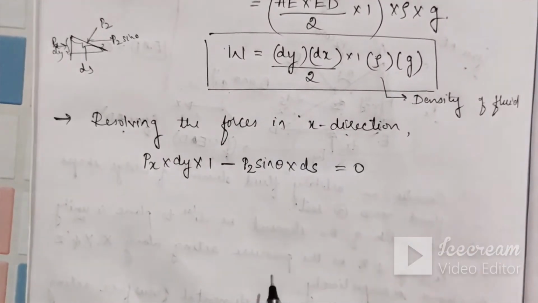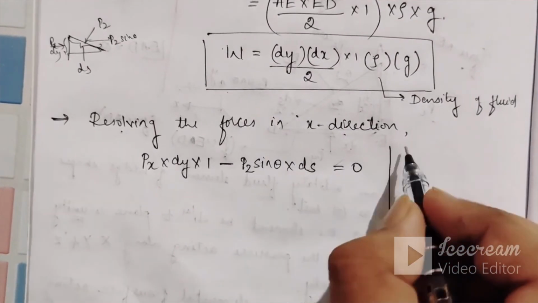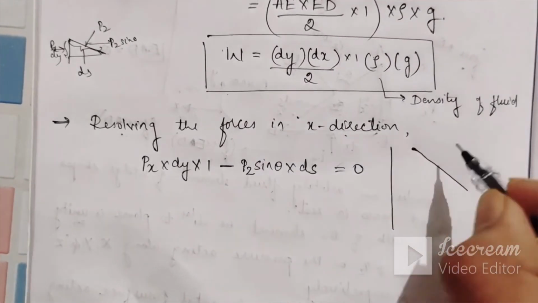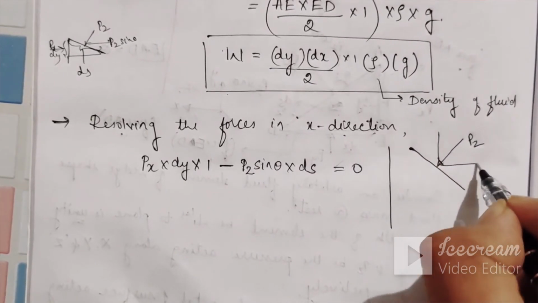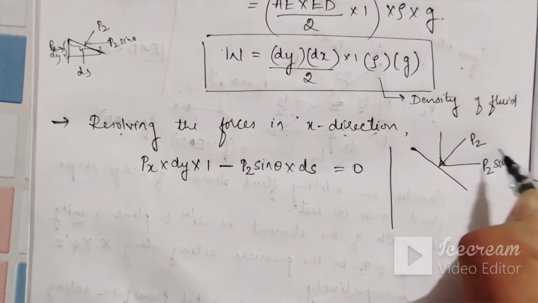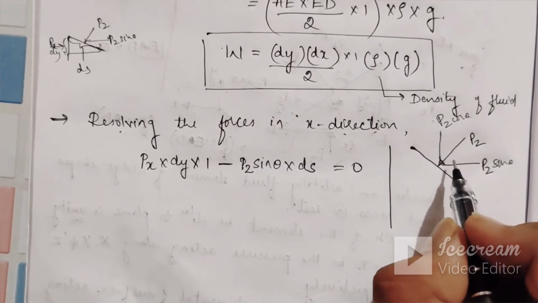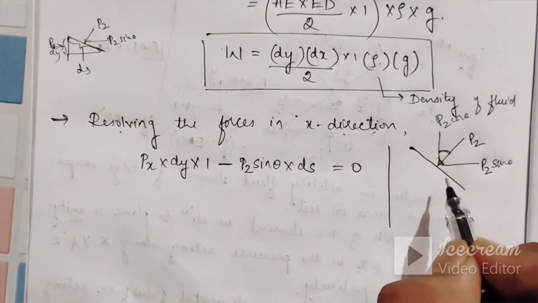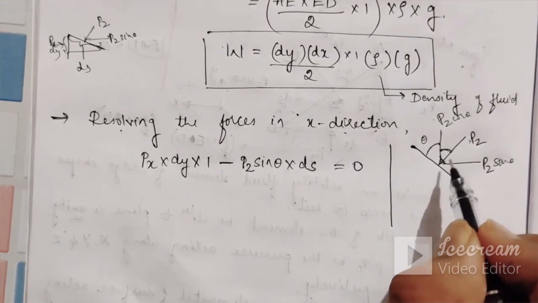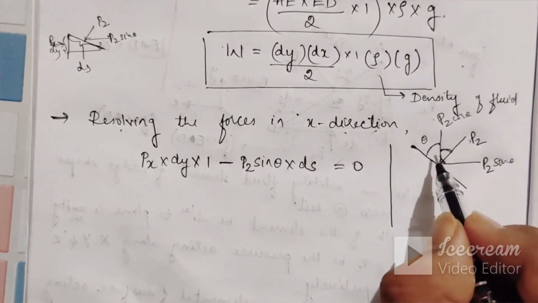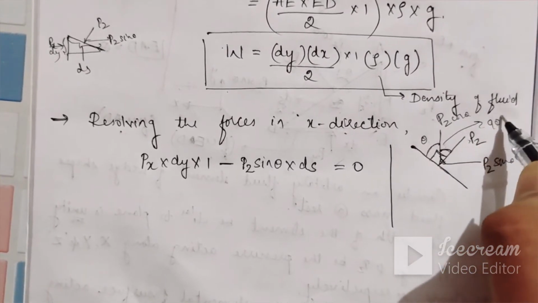It is equal to 0. But here, this inclined face is there, this is pz, this is pz sine theta, this is pz cos theta. Our theta value is here, and this pz is acting on this plane at 90 degrees. So this theta will become 90 degree minus theta.